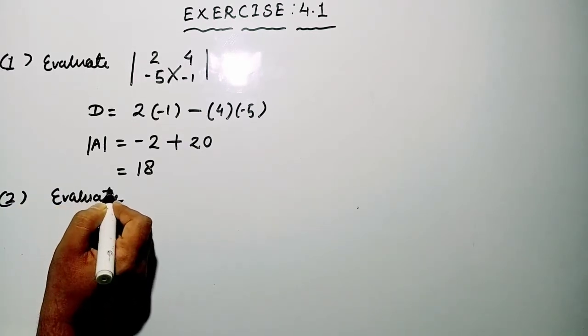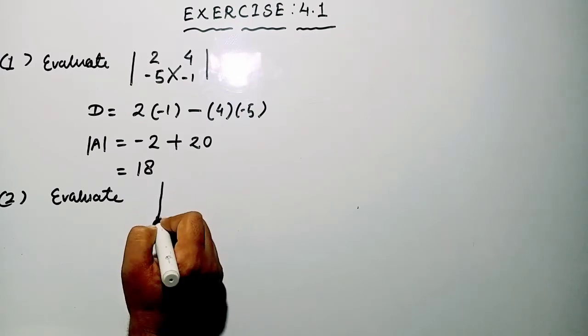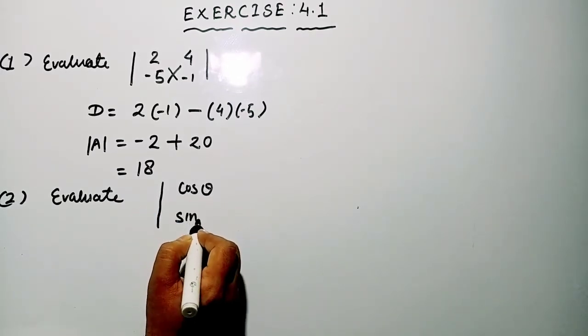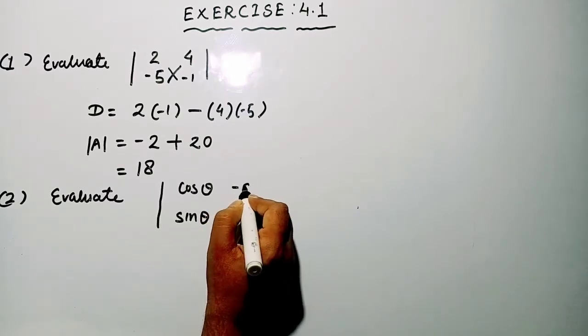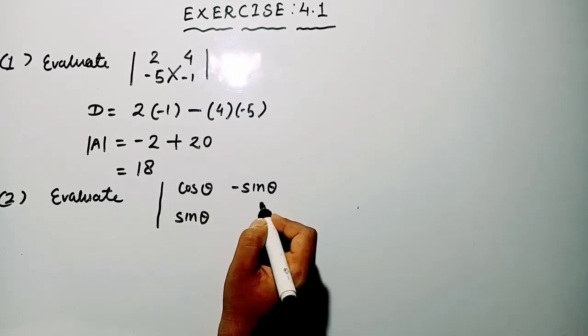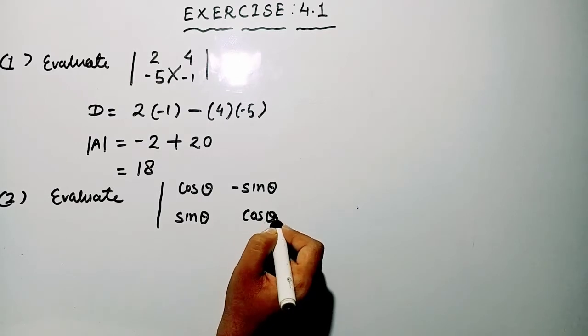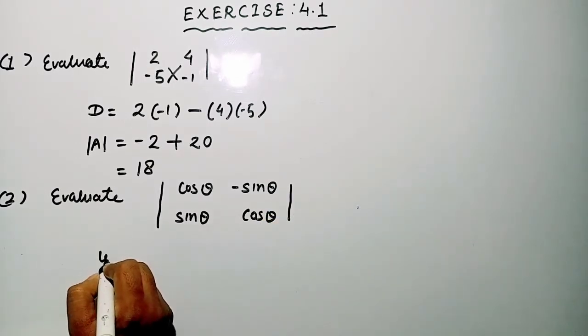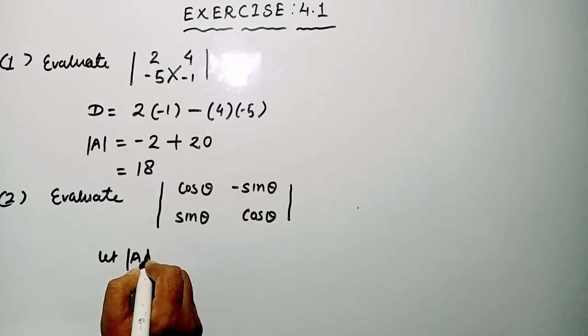Let us see a similar question. Evaluate the matrix determinant having elements cos theta, sin theta and minus sin theta, cos theta. You know how to expand a 2 by 2 determinant by doing the cross multiplication.